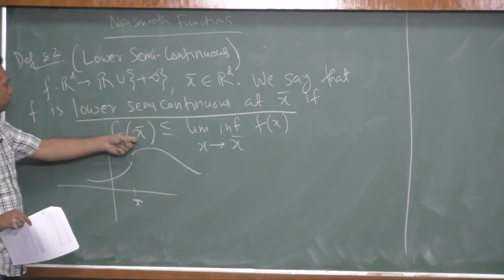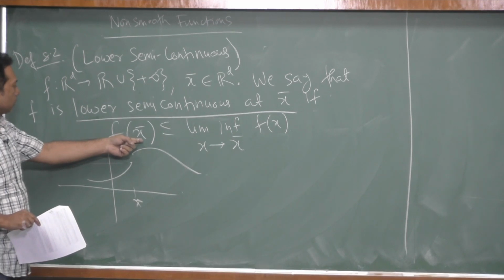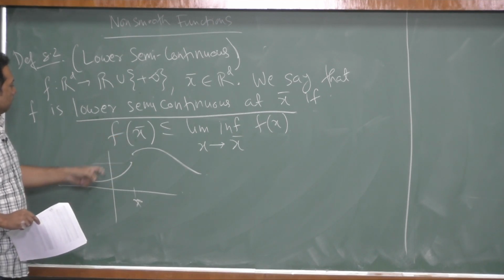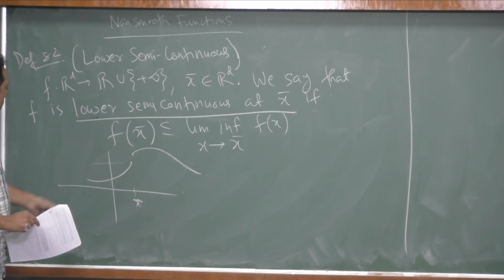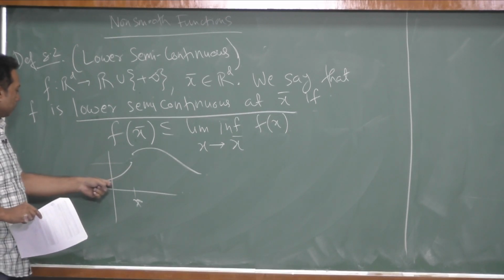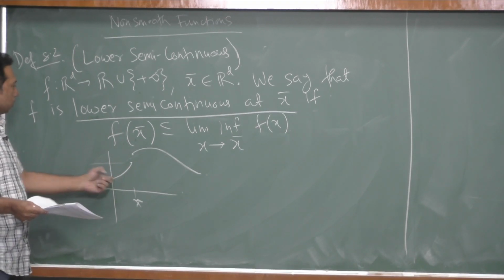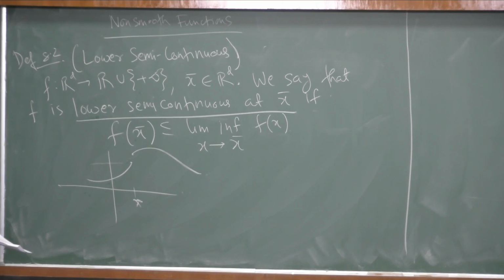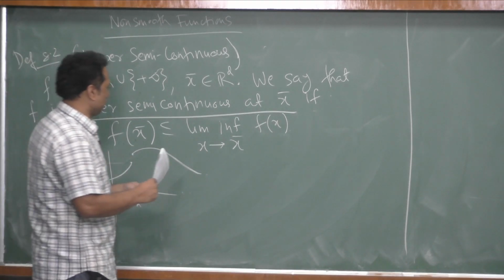So you can define it point-wise. It's lower semi-continuous at x bar, but if it satisfies this for all the points, then obviously at the points where it's continuous, it's also lower semi-continuous. So that's fine. You only have to look at the points where it has jumps. Okay.